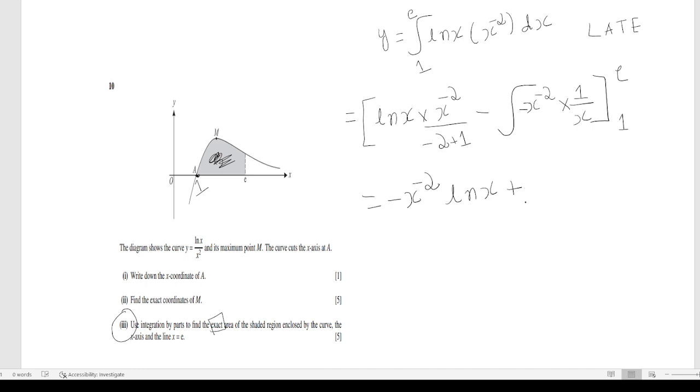So I'm going to be left with, I'm so sorry, this is minus 2 plus 1, minus 2 plus 1, and I'm going to be left with x.